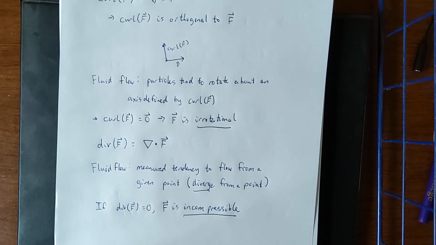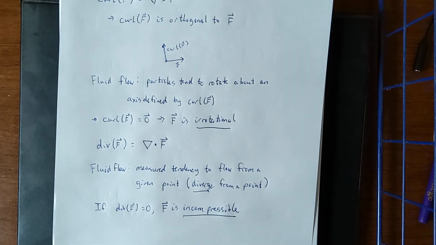This is due to the fact that if something is not flowing from a given spot, we would not be able to compress that due to the constant nature of the density of the fluid at that point.